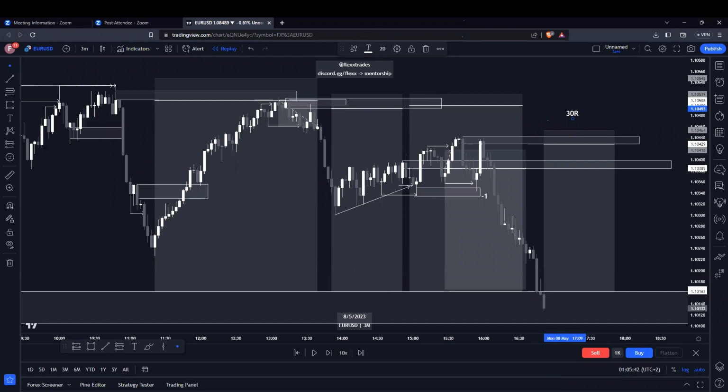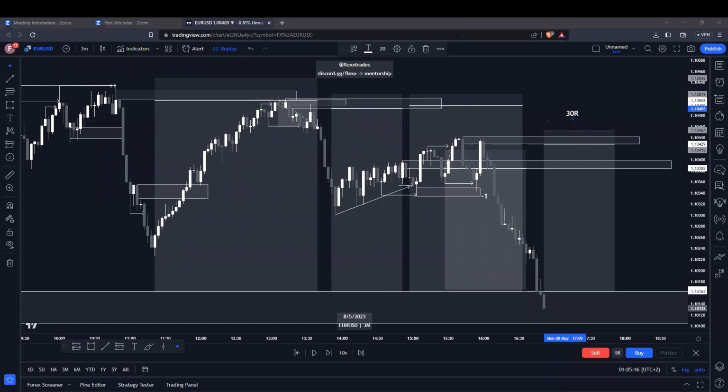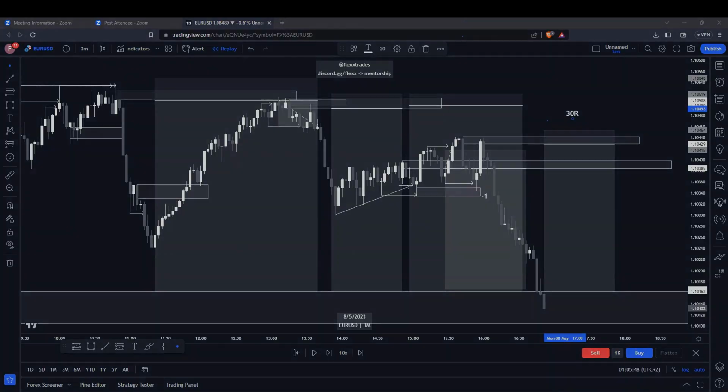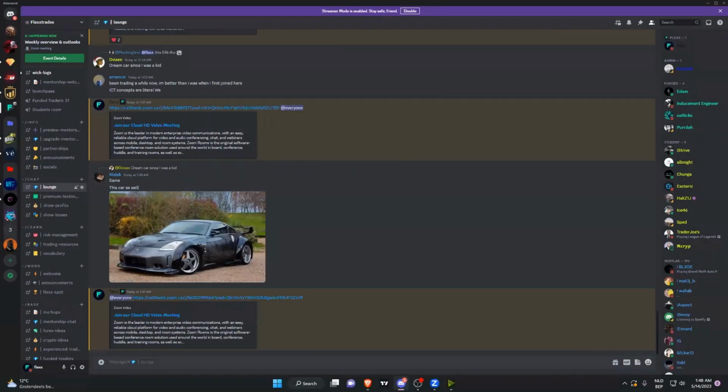Hold on, let me set up a new one. This is actually stupid. What happened, bro? After 40 minutes, the time ends on Zoom. It's weird. I have to upgrade to get more time, so I will do that tomorrow, because it will be annoying.